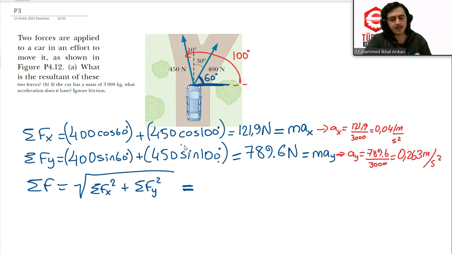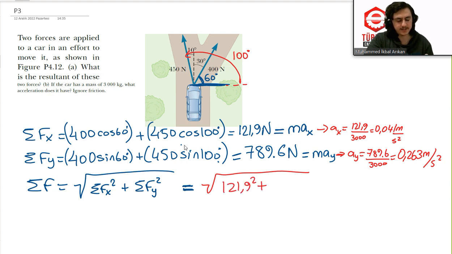Here, let's calculate F, the net force, which will be the resultant of these two. So that will be just the square root of the net force in x squared plus the net force in y squared.